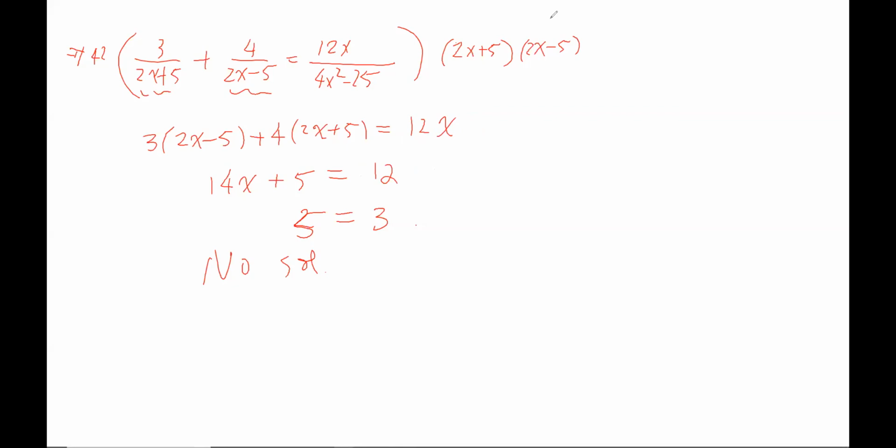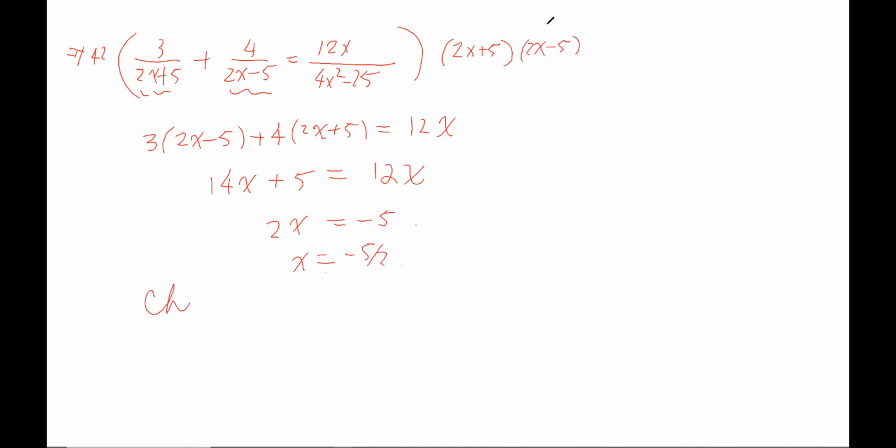Yes. And then what do we get? The solution is x equals -5/2, but that would make the denominator of 3 over 2x plus 5 equal 0. So it's still no solution. Yeah, so you see, in this case you could also get x equal to -5/2, but you cannot stop here.